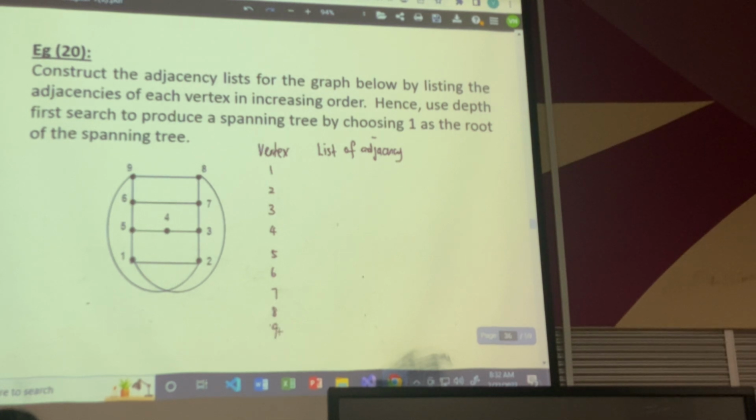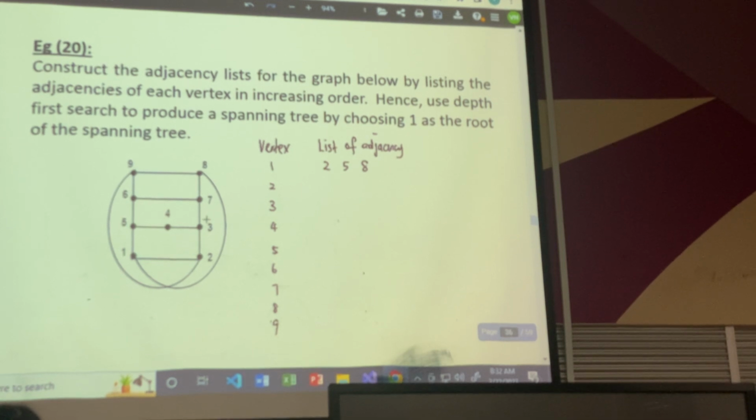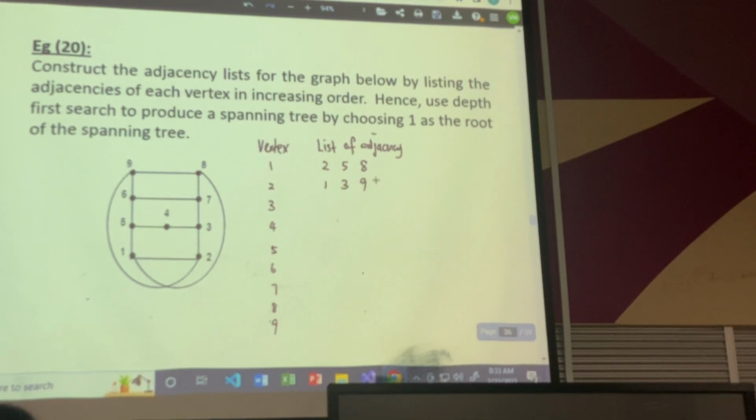We start with a simple example first. For the list of adjacency, just look at 1 connected to 2, 5, 8. So put it in increasing order. Okay, 2 is connected to 3, 1, 9. So 1, 3, 9. Okay, you complete the rest.